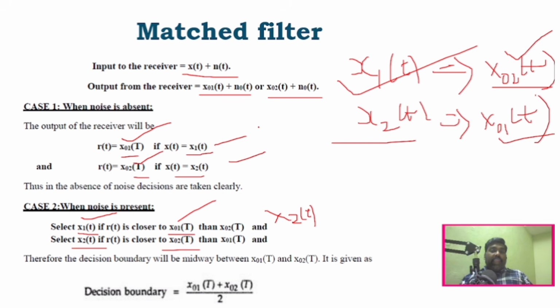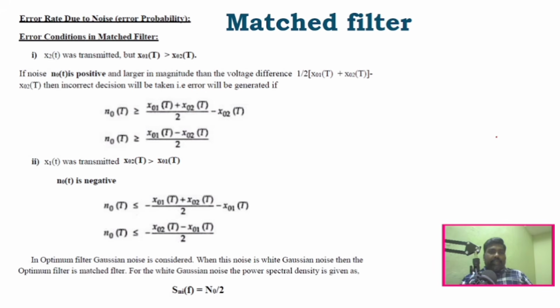But there can be error: you would have transmitted x1(t), but it can detect it as x02(t). You would have transmitted x2(t), but it would have detected it as x01(t). So this happens when noise is present.